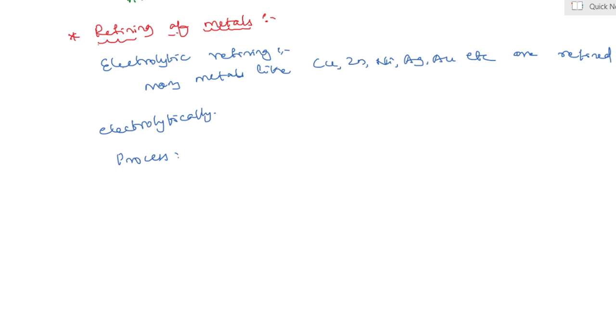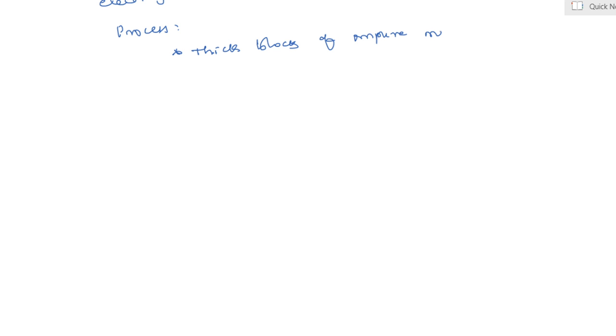What is used here? First of all, a thick block of impure metal is used as anode.